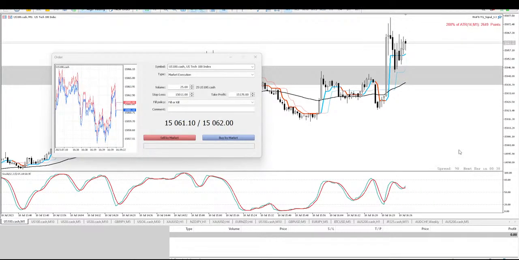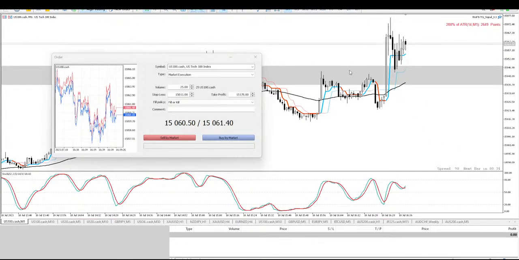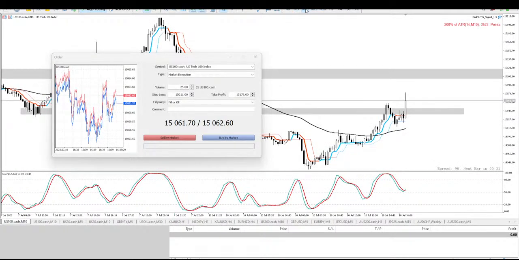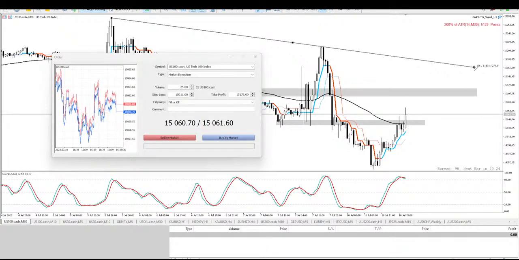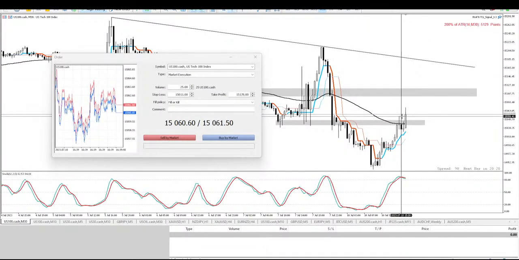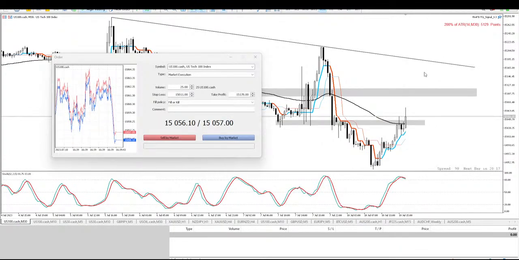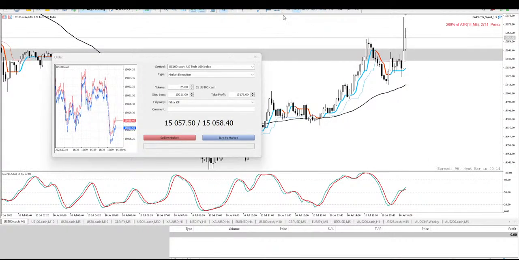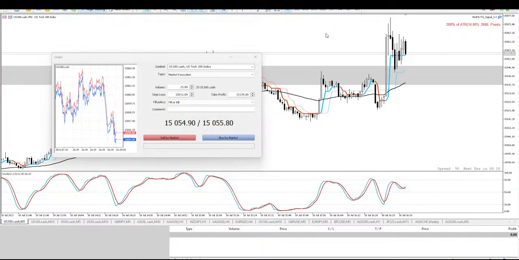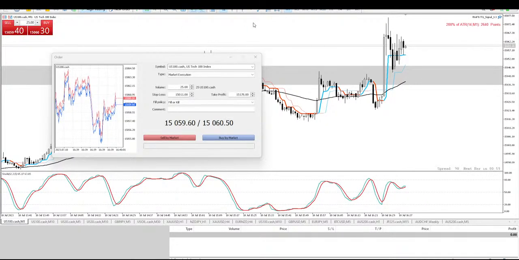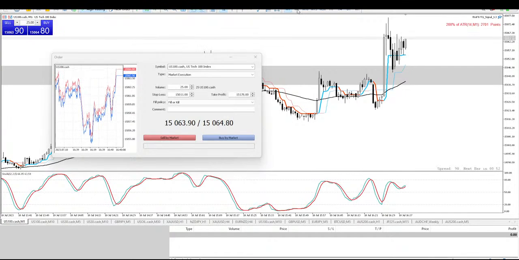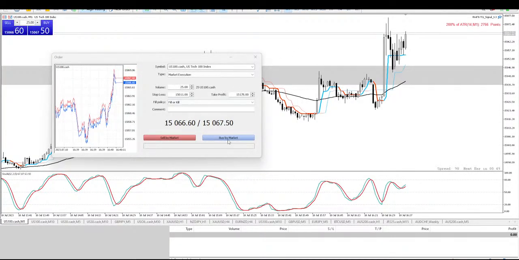Still nothing yet. Looks like it's just consolidating right now. All right, let's see.